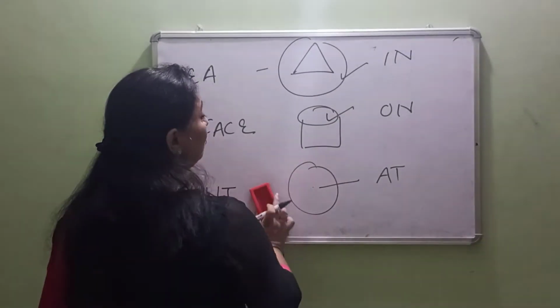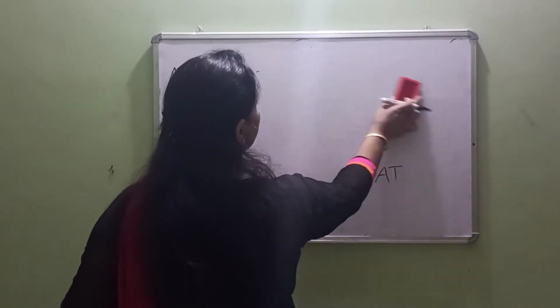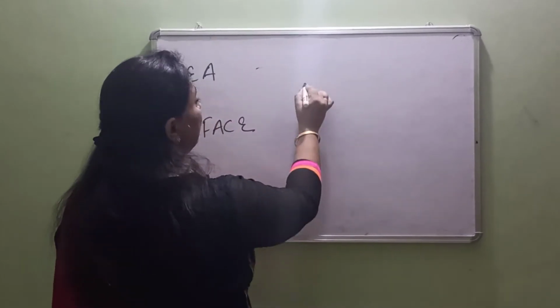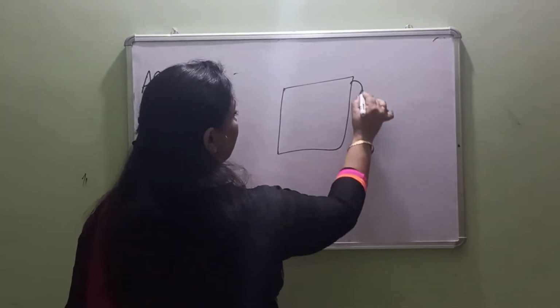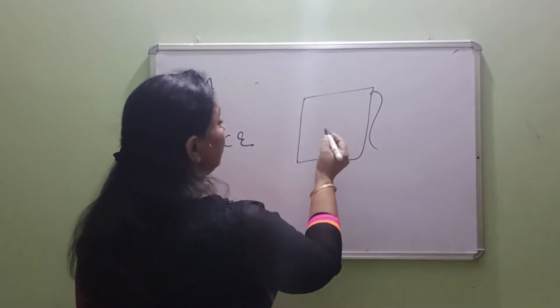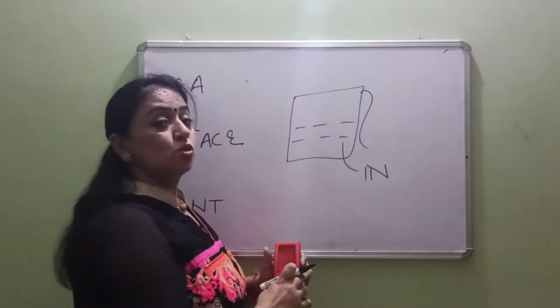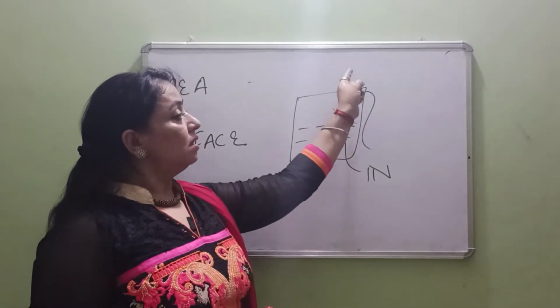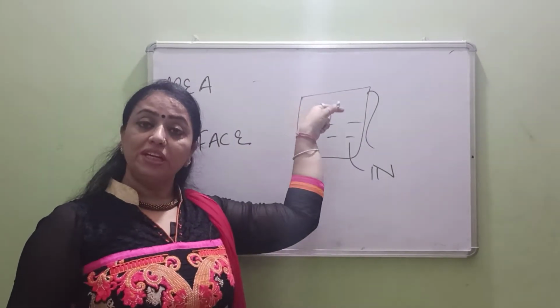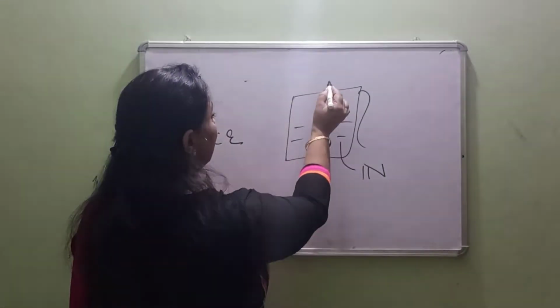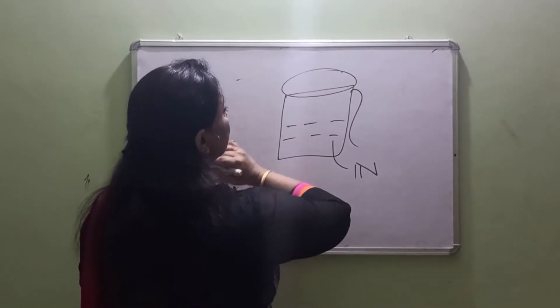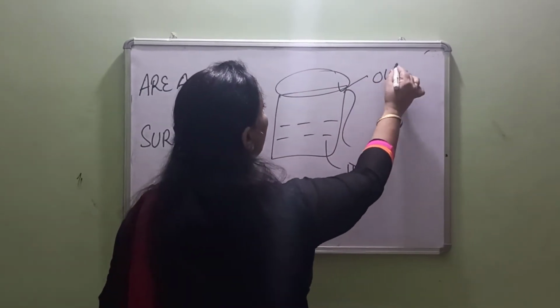So again I am telling you in a very simple way. Suppose I say that this is a jug of water. So what exactly am I talking about? When I say that the water is in the jug, the water is in the area of the jug. So it is in the jug. Now I will say another part. I just put a lid on the jug.